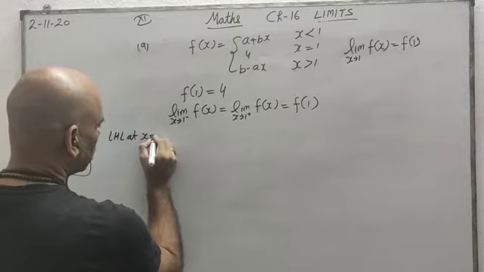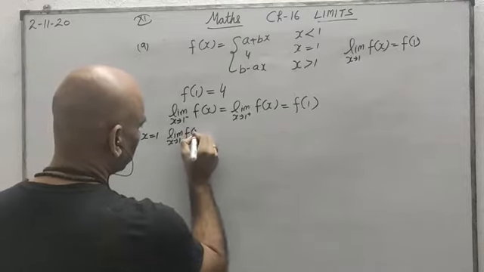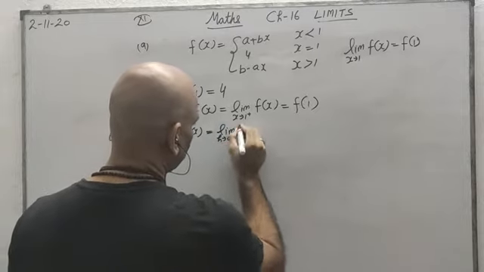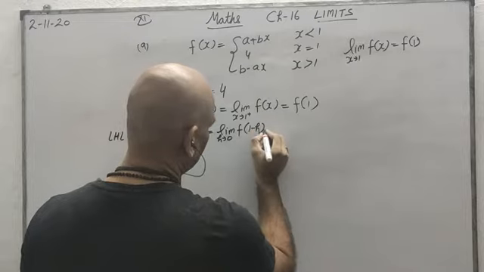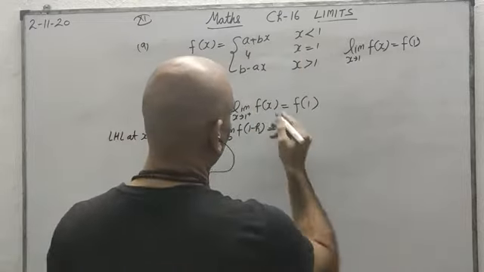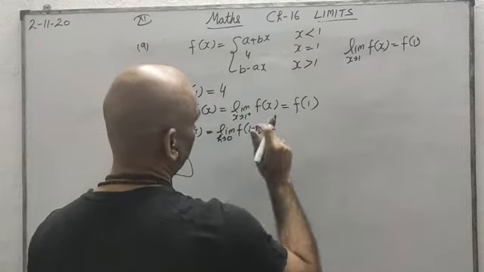At x equal to 1, limit x tends to 1 f(x), I get limit h tends to 0 f(1 - h). So when x is less than 1, the function value is here, so substitute x as 1 - h.